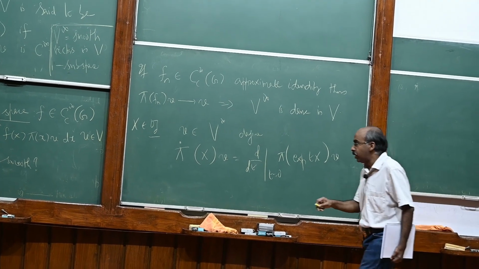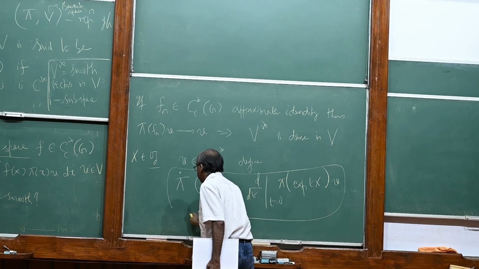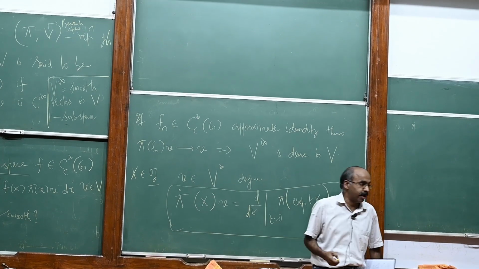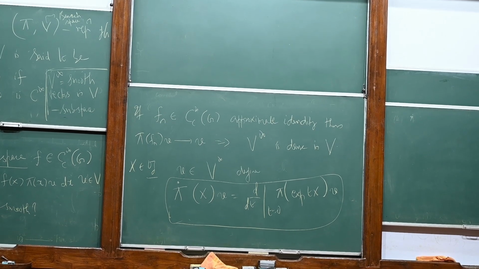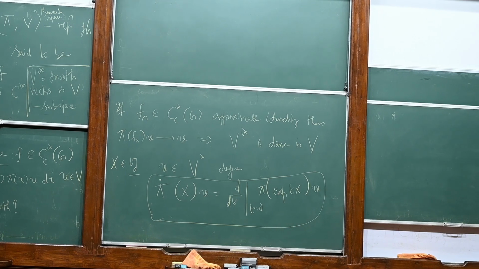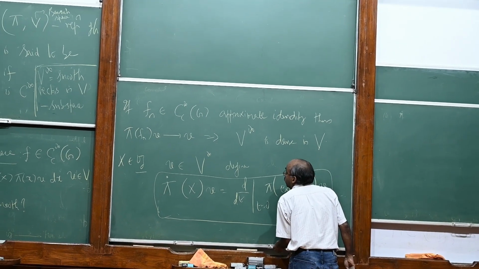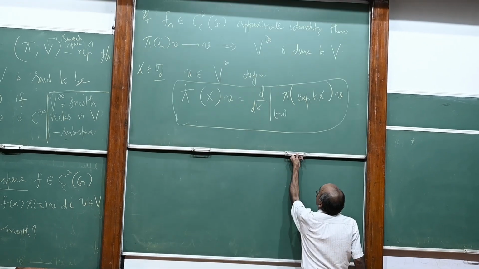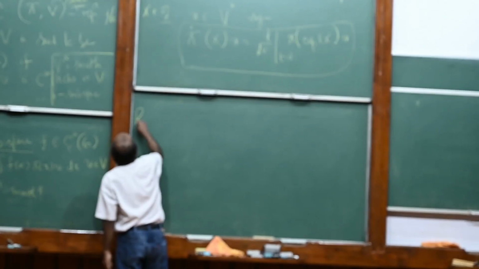So this is the definition of the action of the Lie algebra on V infinity vectors. Of course, you have to verify that the Lie algebra elements will take smooth vectors to smooth vectors. If you have a smooth vector and you differentiate it, you are going to get a smooth vector. So that's easy to verify.